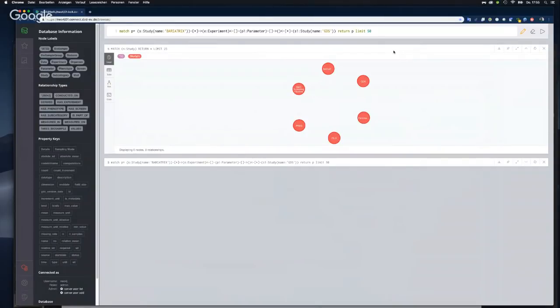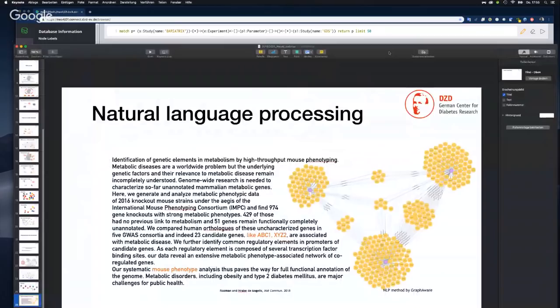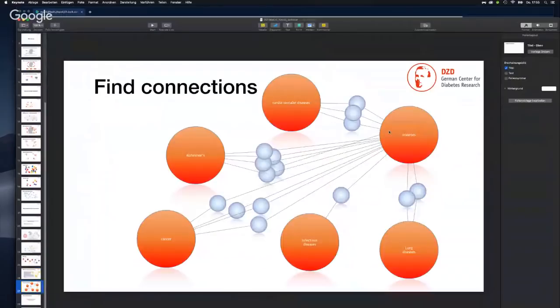Did you parse all the PubMed data or just the diabetes focused stuff? Well, actually, all the text that we get. As I said, maybe to switch back to the slides. What we are trying to do is not only focusing on diabetic research, but also on, let's say, lung diseases.